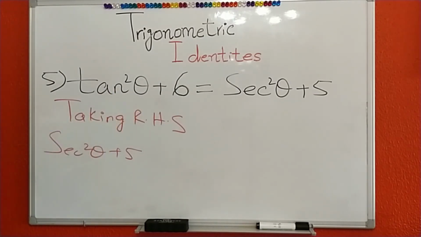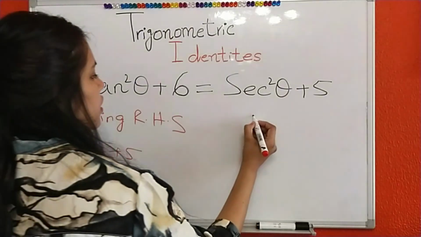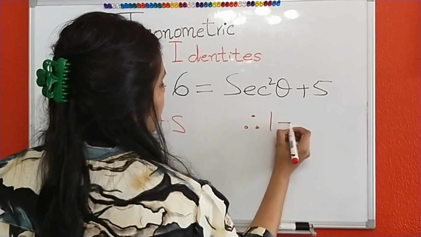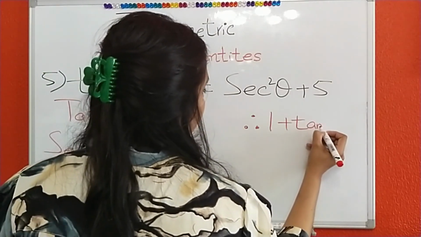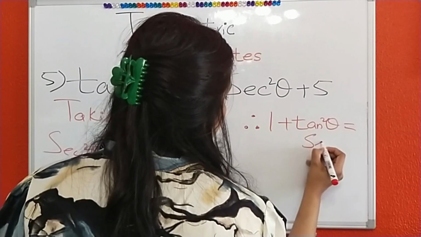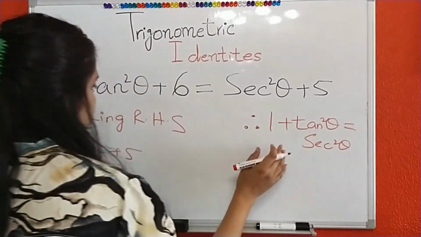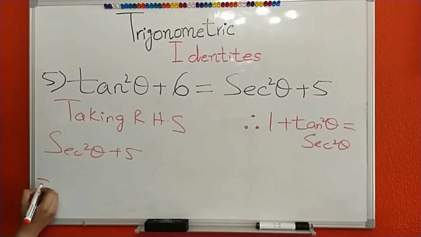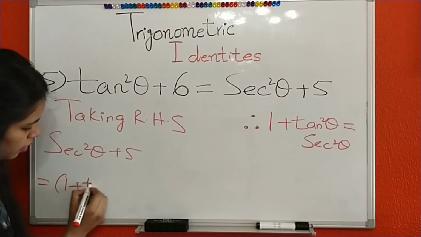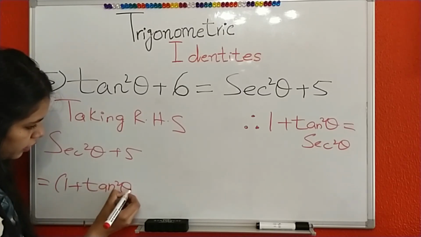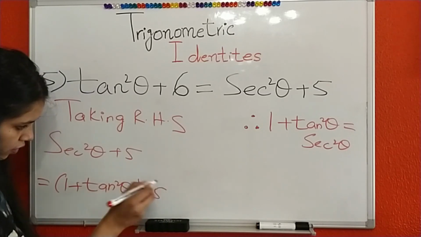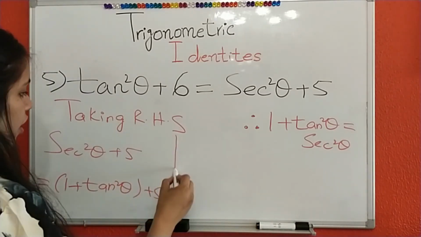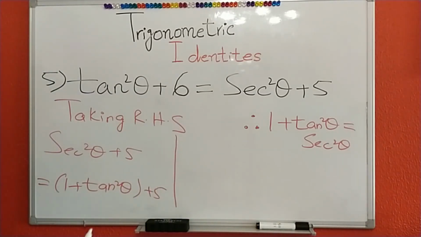So to do this, I have one more Pythagoras identity here, which is 1 plus tan²θ is equal to sec²θ. I'm just putting that identity here. So 1 plus tan²θ plus 5. You can see how much the question is easy.